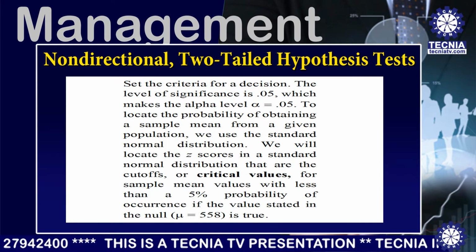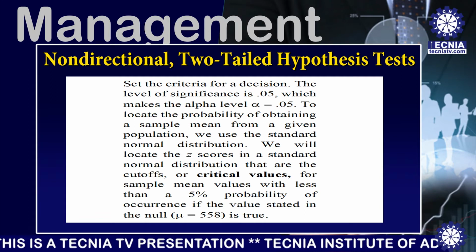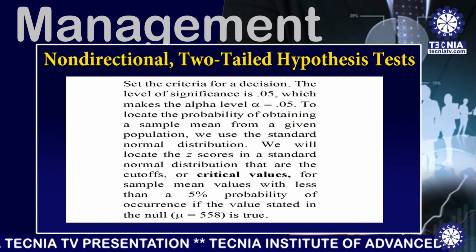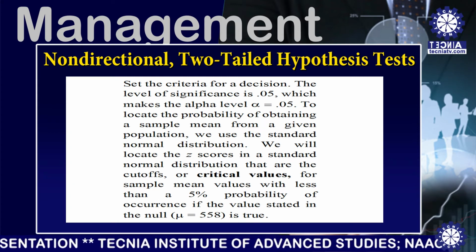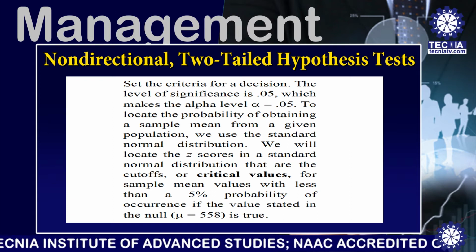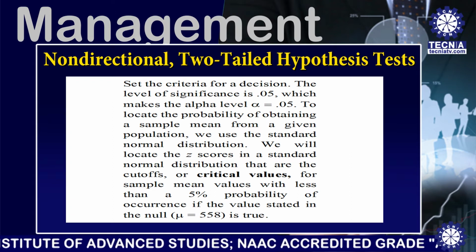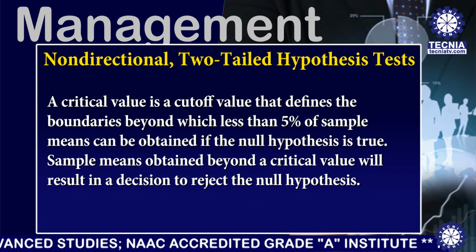We will locate the Z scores in the standard normal distribution that are the cutoffs or critical values for sample mean values with less than 5% probability of occurrence if the value stated in the null, mu equal to 558, is true. There is one term, that is the critical value.